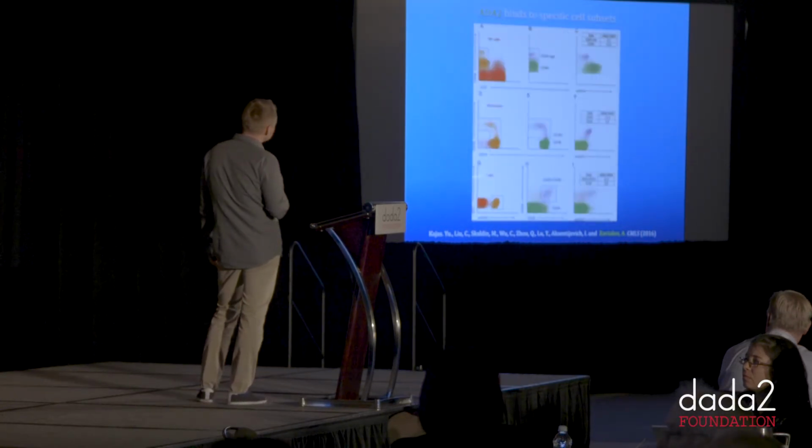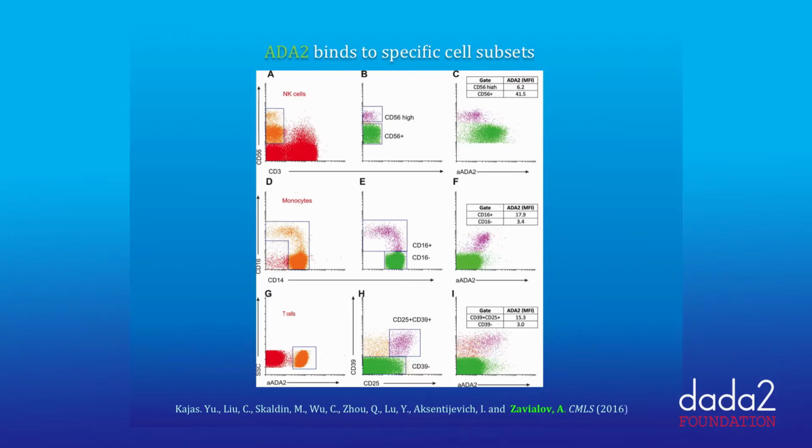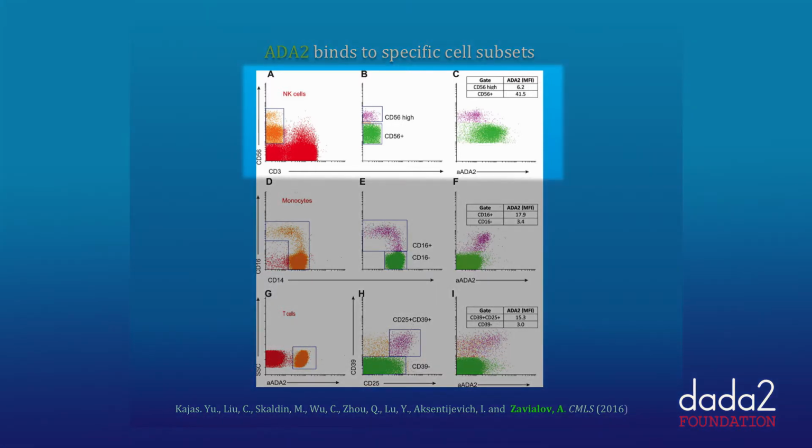And to go further, we could find that even among the subsets of NK cells, some bind AD2 better. So let's say CD56 high cells bind less AD2 than CD56 positive cells.